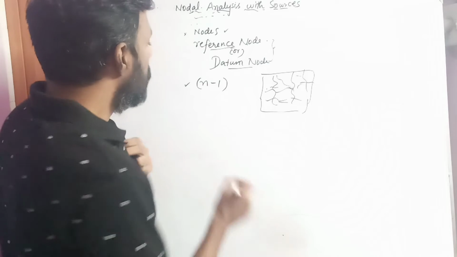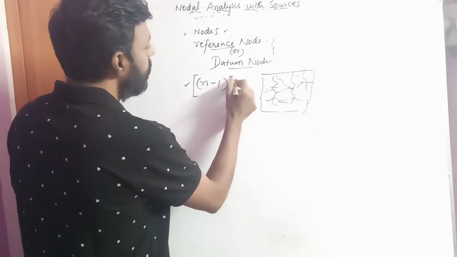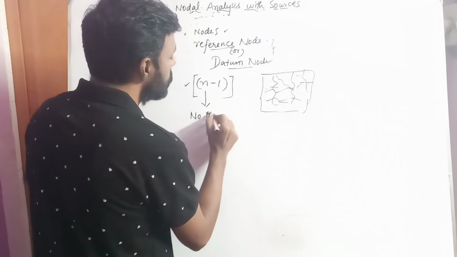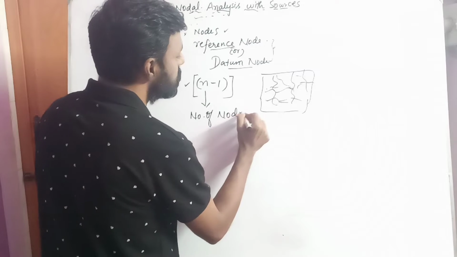That can be found by using the formula n minus 1, where n stands for the number of nodes.